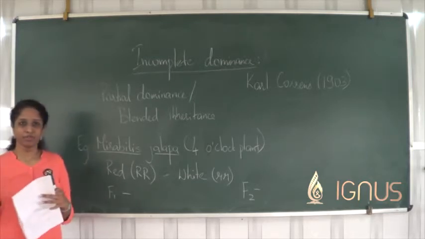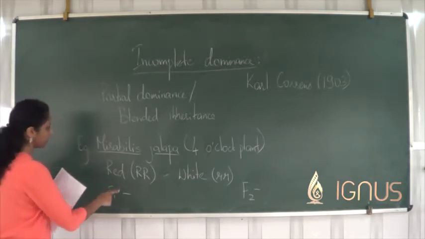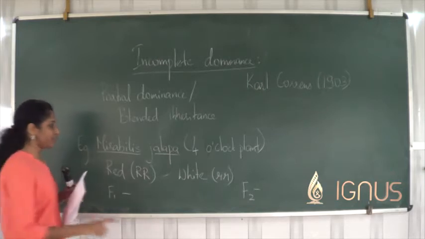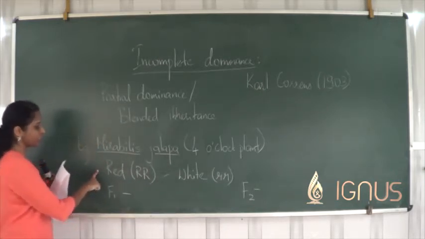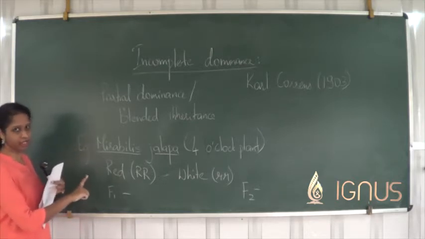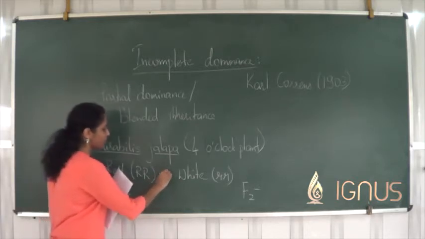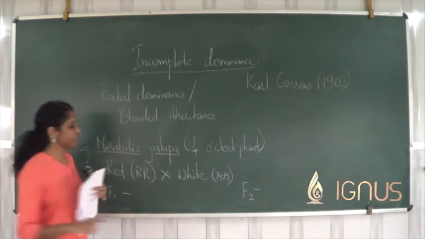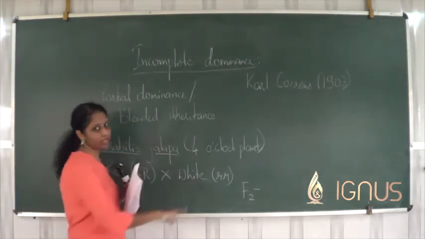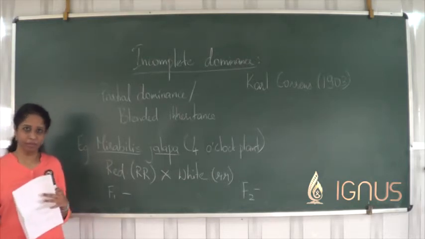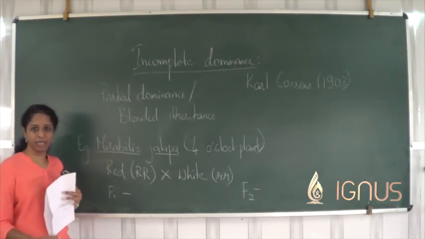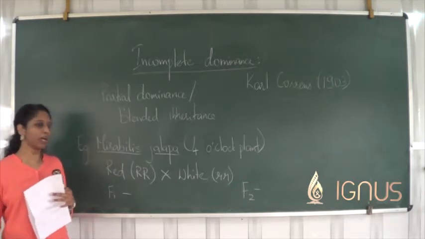Now it has two kinds of flowers, the dominant being the red and the recessive being the white. Now if you take a pure breeding dominant homozygous red flowering plant and cross it with a double recessive pure breeding white flowering plant, in the F1 generation you should get a red flowering plant in case of Mendelian genetics, what we see in monohybrid cross.